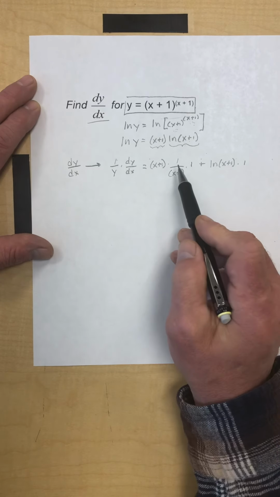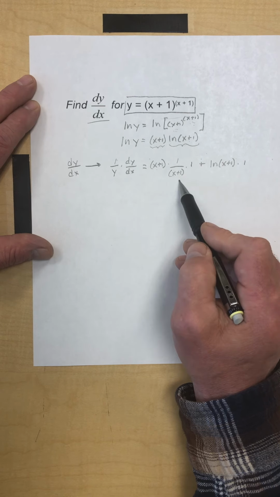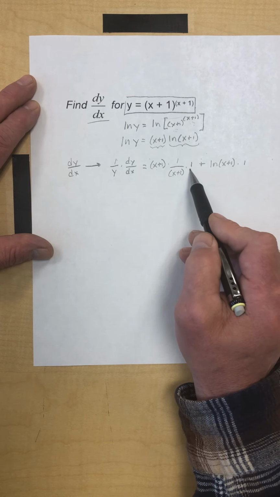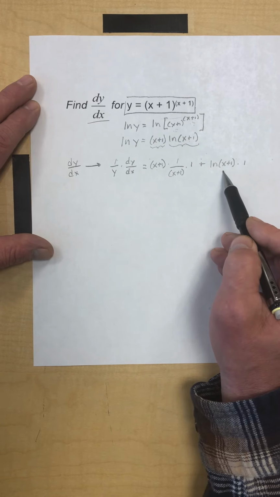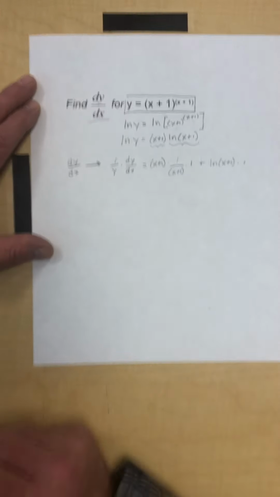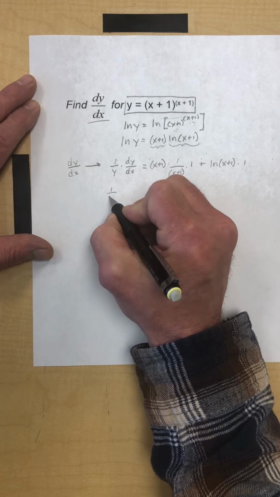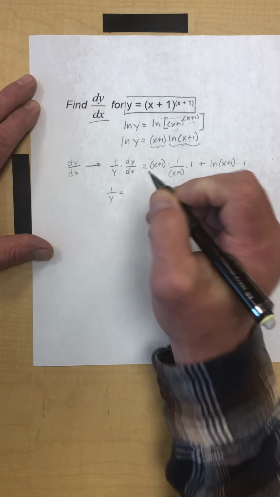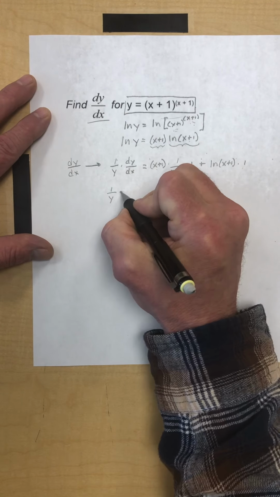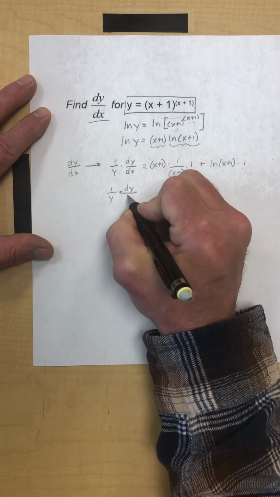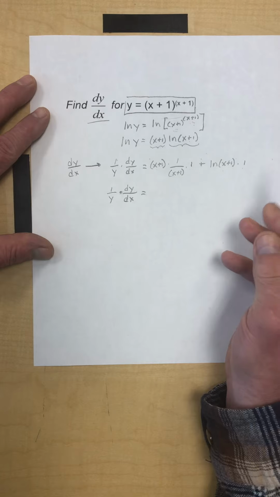Okay, so let's make sure we got this right. We got the first times the derivative of the second, so it'd be x plus 1 times 1 over x plus 1 times the derivative of x plus 1, which is 1, plus the second times the derivative of the first. Yeah, we're in good shape. Okay, so let's clean up the right-hand side. So we have 1 over y times dy dx equals, well, obviously everything over here cancels off.